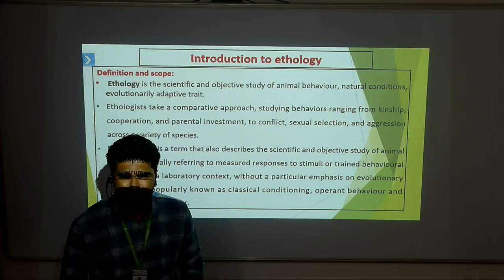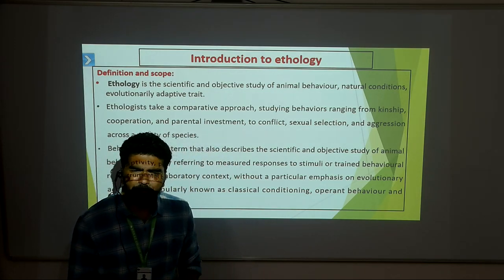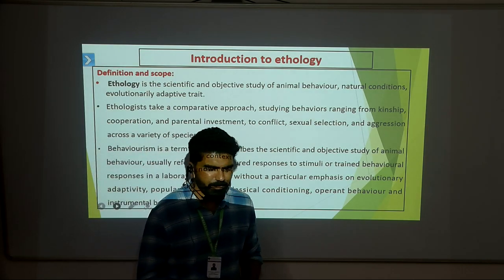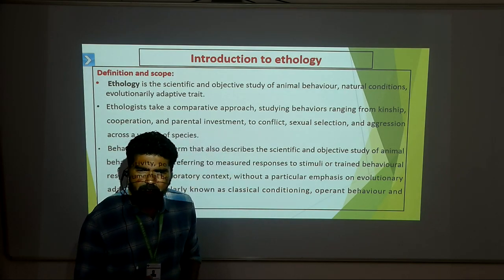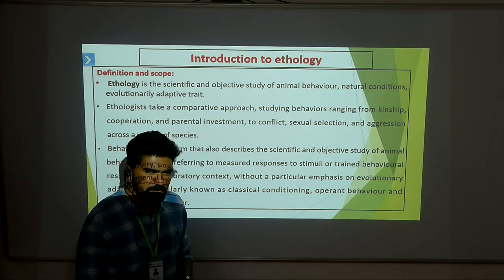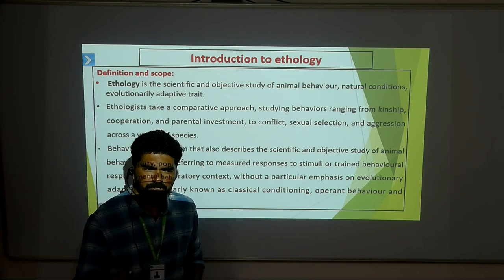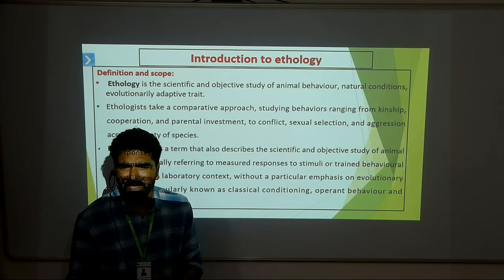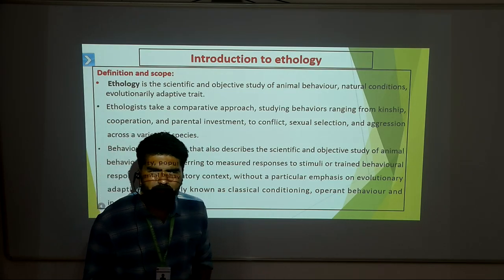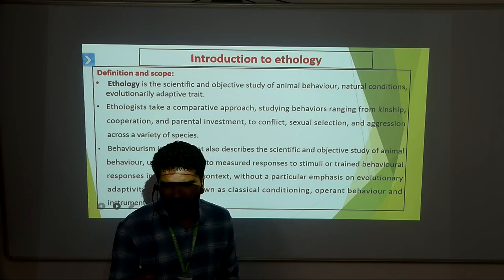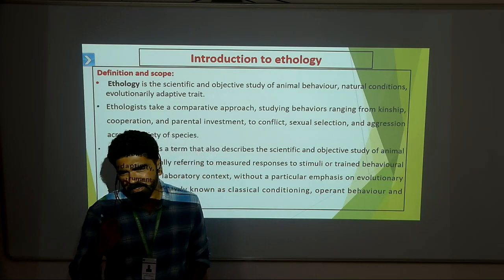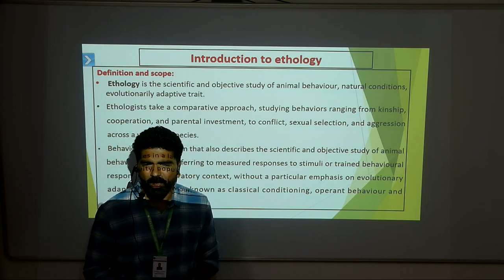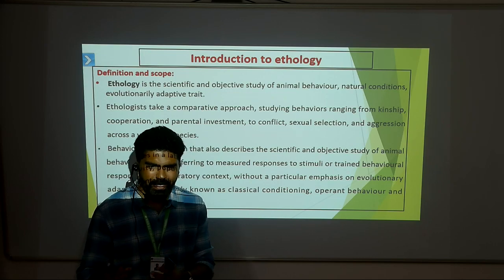The scientists who study the behavior of animals are known as ethologists. They study the animals in their natural habitat, or they do experiments on the animals, so we know how animals respond to environmental stimuli or to stimuli from other organisms.